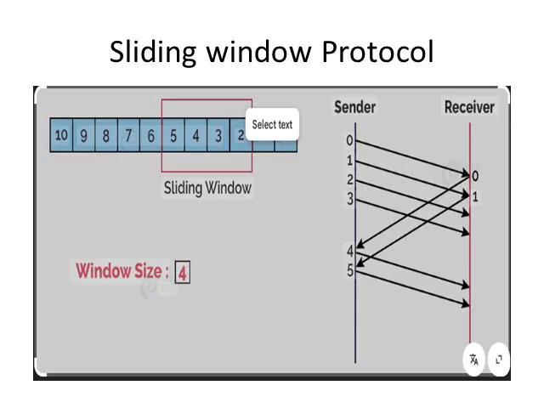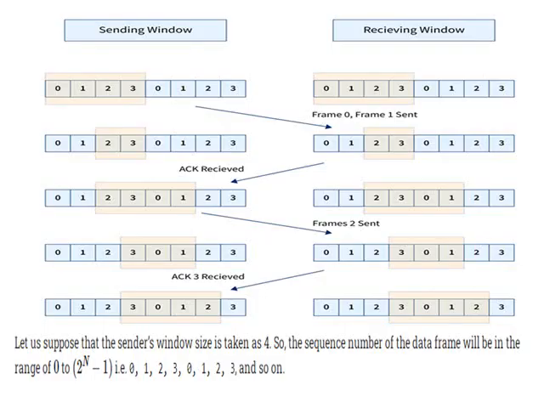As we have received the acknowledgement for the 0 and first frame, we are transmitting the 4th and 5th frame here. This is how the transmission takes place.